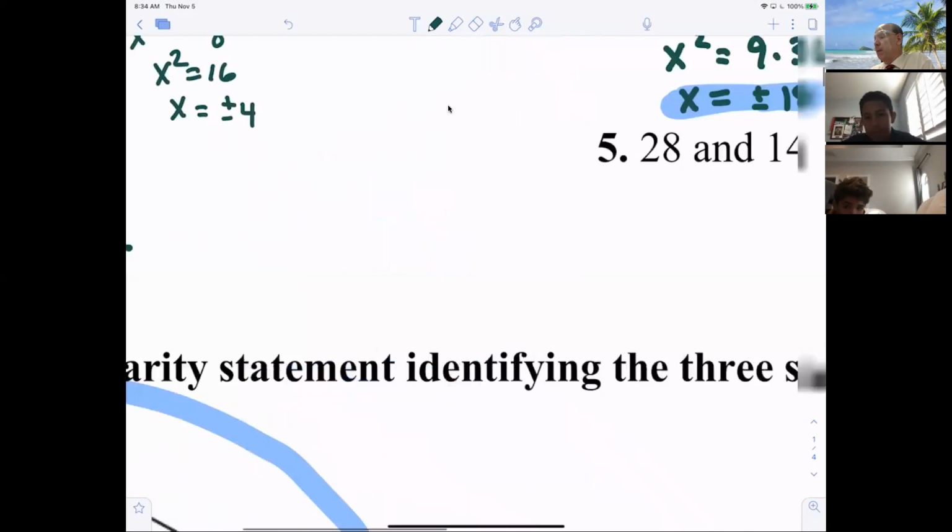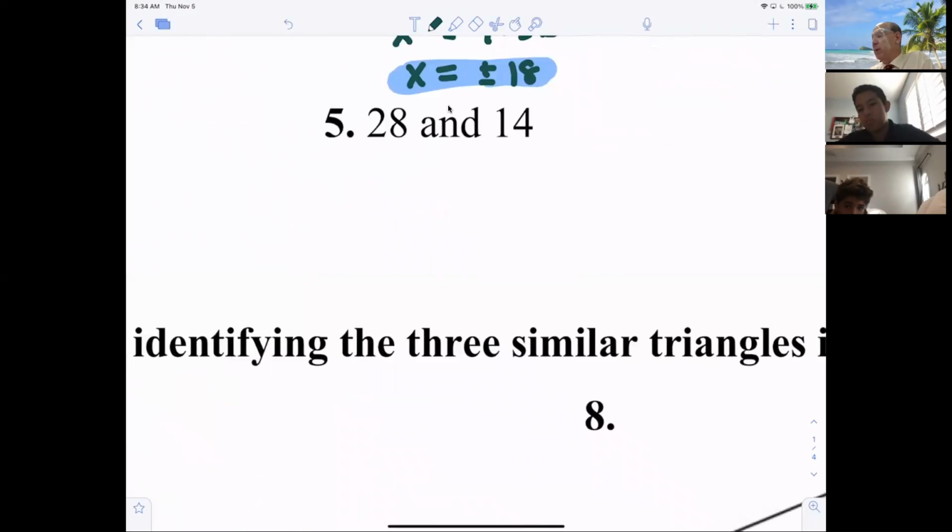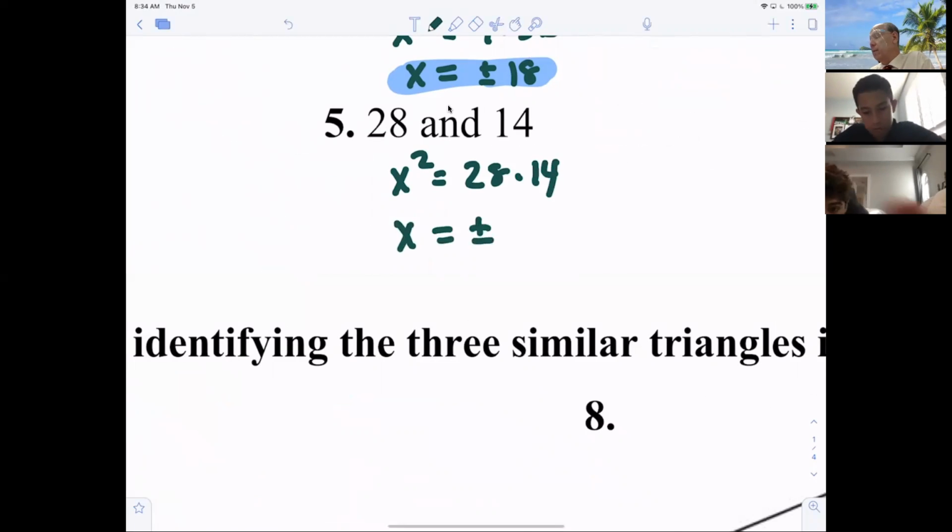So now over here, everybody should be able to say x squared equals what? 28 times 14, and then x equals plus or minus what? 14. Yeah, 14 radical 2, right? 7 is possible, but there's a bigger number.